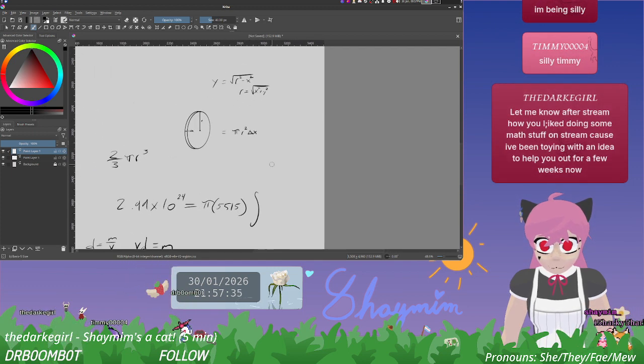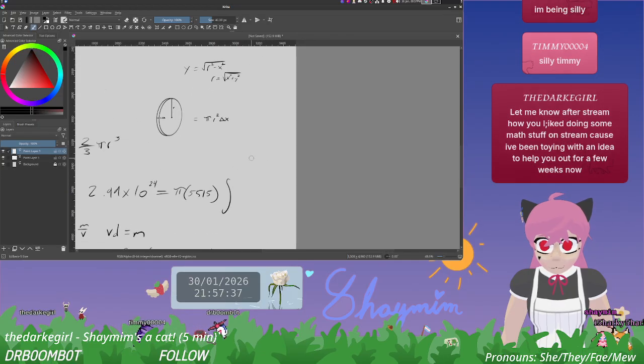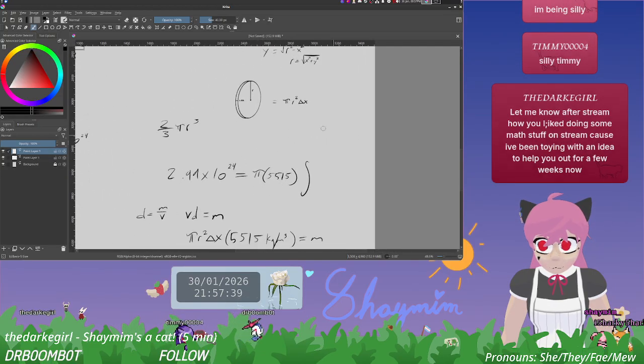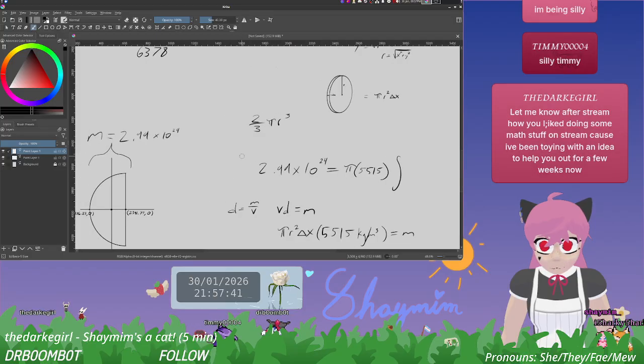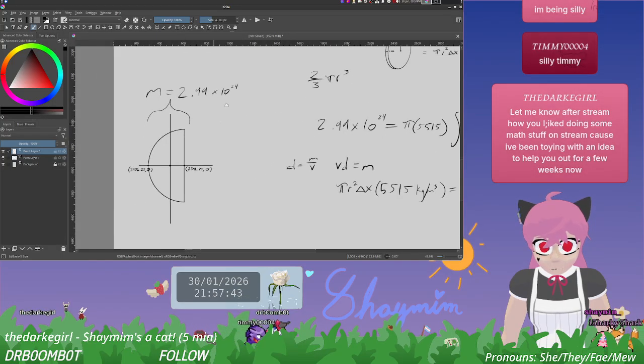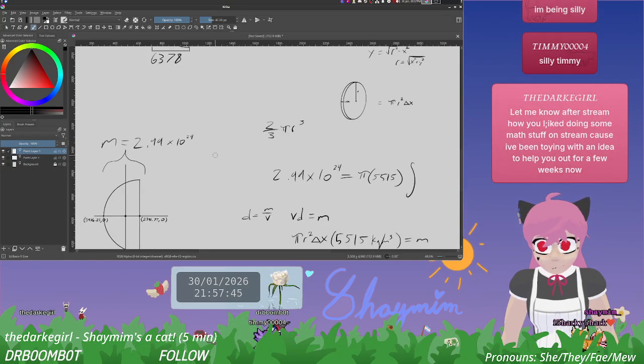So, R is usually... So R is the point on the function, right?